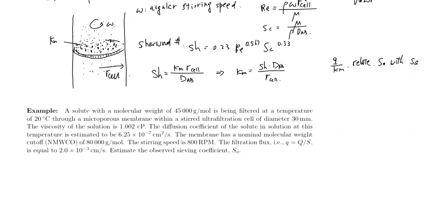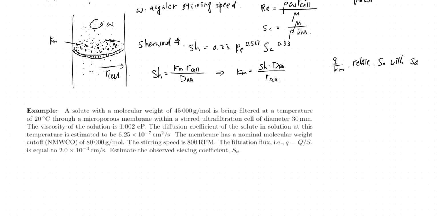The viscosity of the solution is given: 1.002 centipoise, the viscosity of water at 20 degrees C. The diffusion coefficient of the solute in solution at this temperature is also given, D_AB.